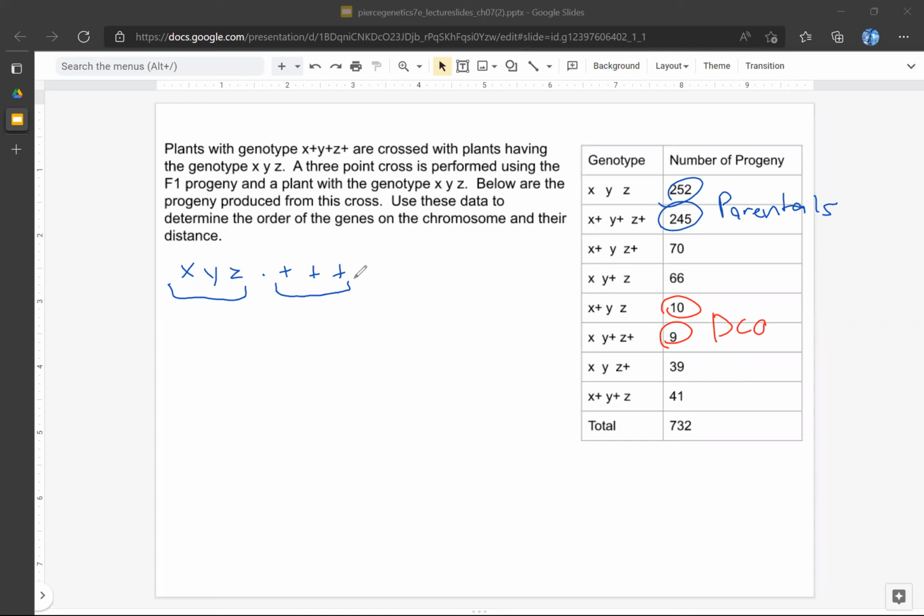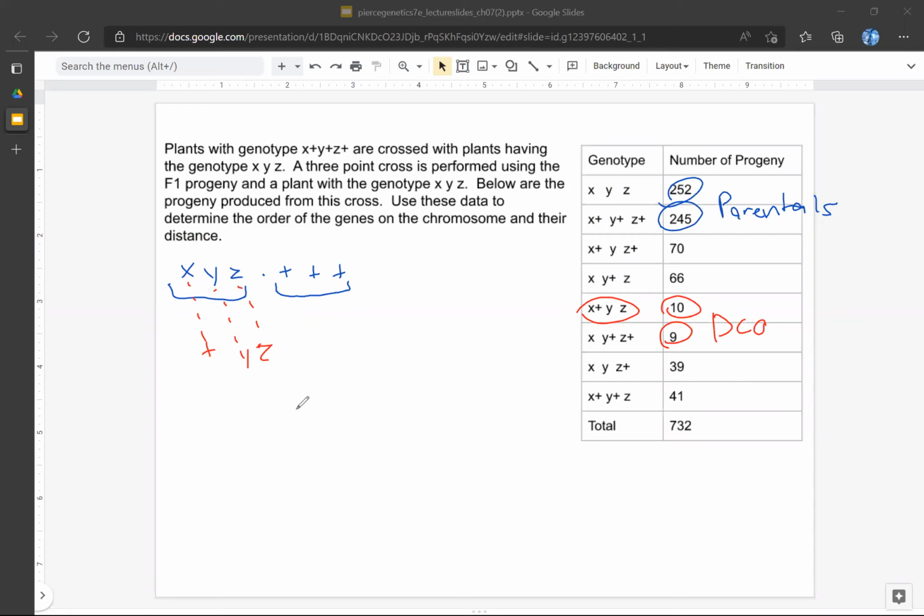Then we have our double crossovers. Let's compare this one. So we have plus Y, Z. Which one is the most similar? Obviously, this one. So it's the X that's different because we have the Y and the Z that are the same.